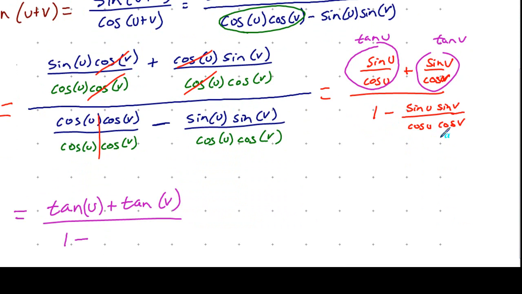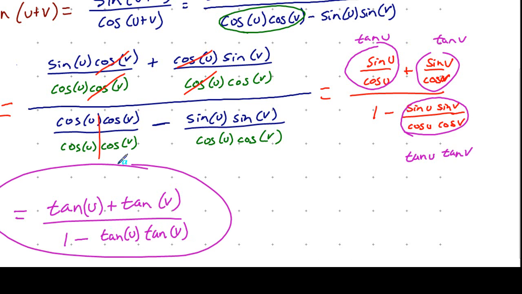And this guy right here comes out to being nothing more than tangent of u times the tangent of v, because there's my tangent of u, there's my tangent of v multiplied by each other. So this comes out to being tan of u plus tan of v all over 1 minus tan of u times tan of v. And that is my addition formula for the tangent.